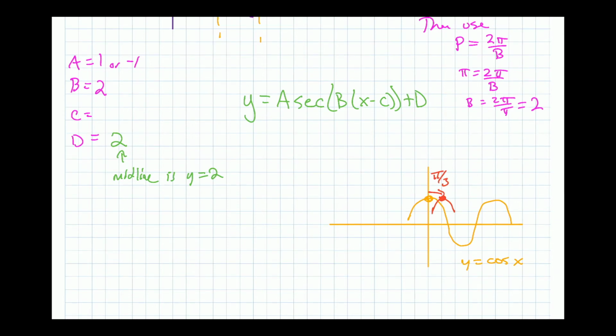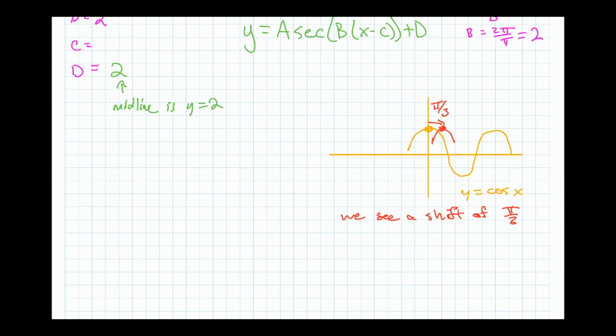Okay, so we see the shift of pi over 3 to the right on the cosine. You can't really tell on the secant.